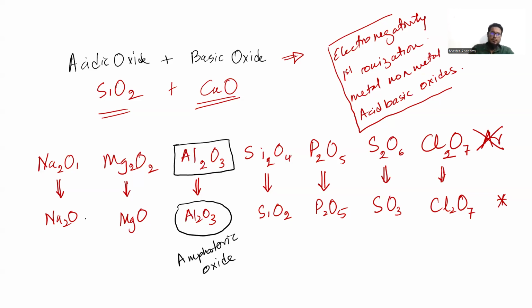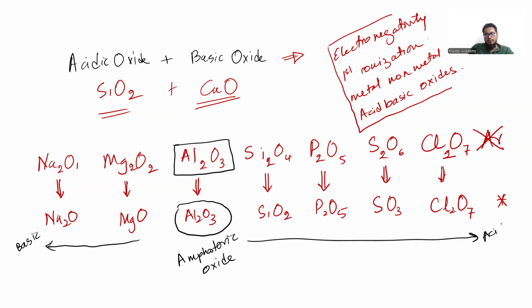Okay. Then next one, towards the left side we have basic oxides. Towards the right side we have acidic oxides. Out of that, the most acidic is chlorine, very strong acidic nature, because if you put this in water, it can form HCl, hydrochloric acid. Then this one is a strong acid; when you put it into water, it will form H2SO4.